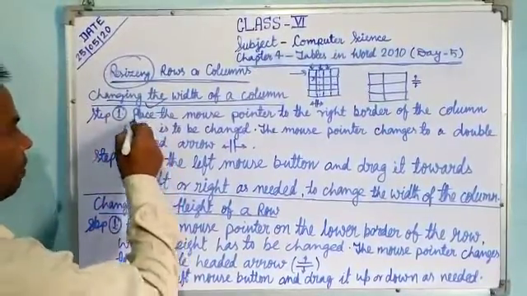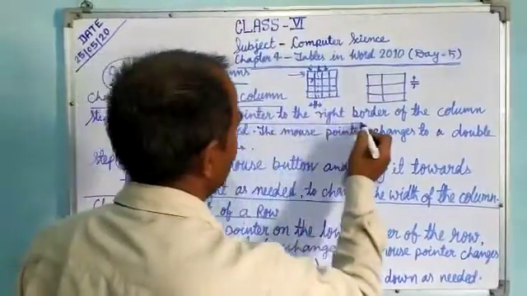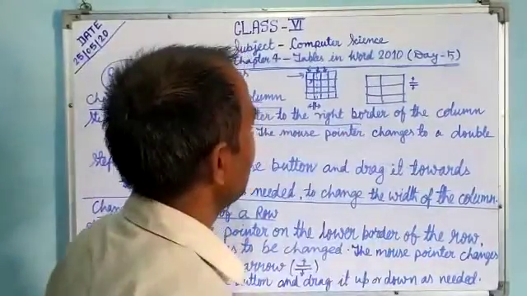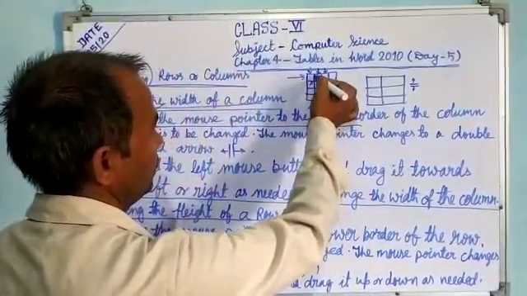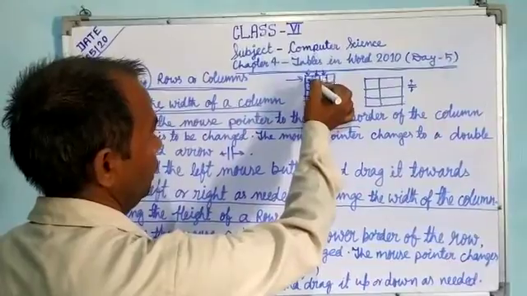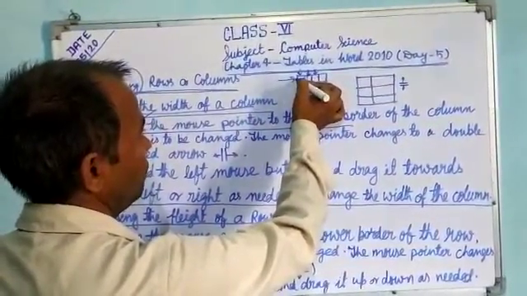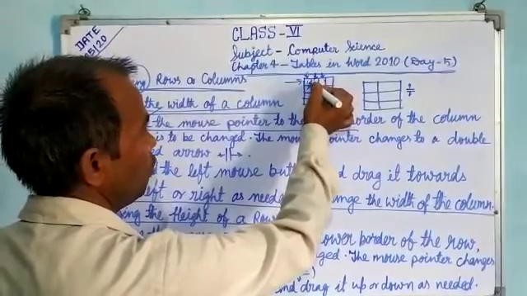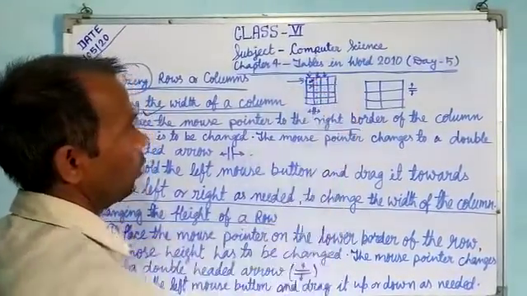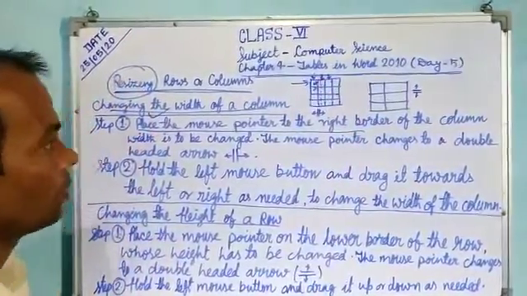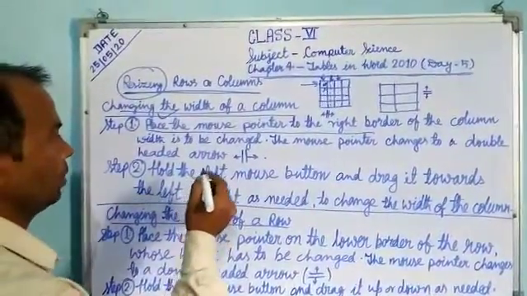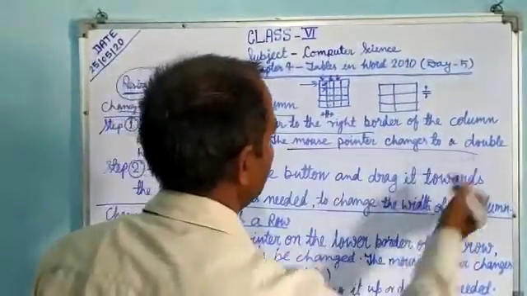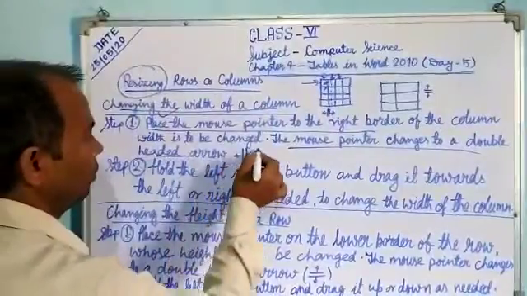First step, place the mouse pointer on the right border of the column. Suppose this is the cell, and in this cell this is the left border and this is the right border. So we have to place the mouse pointer at this right border of the column, and after that the mouse pointer changes to a double-headed arrow.